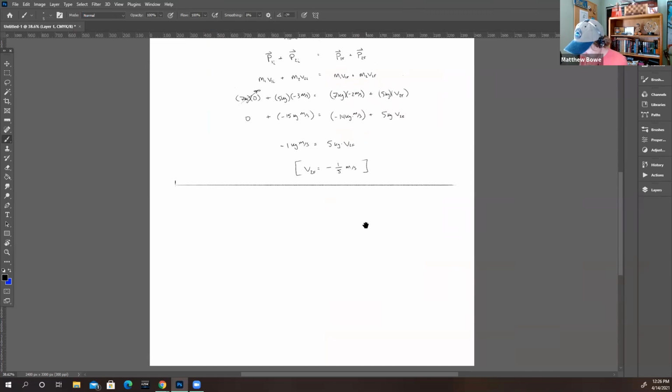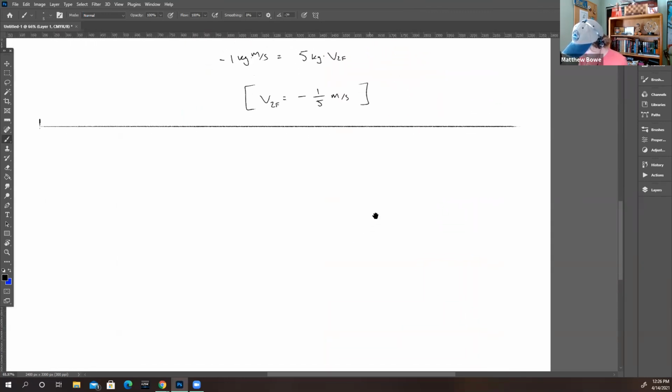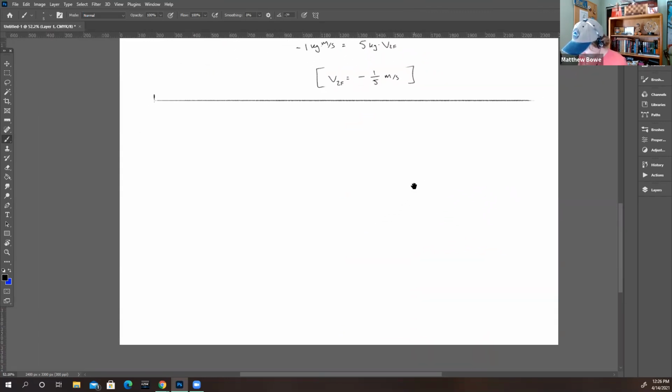Okay, so now that we've done a little warm up, in today's lab we're not looking at one block that's staying still while the other one comes in and hits it. We're looking at the scenario where one block is moving in one direction and another block is moving in the opposite direction.